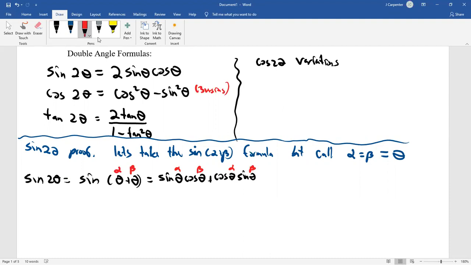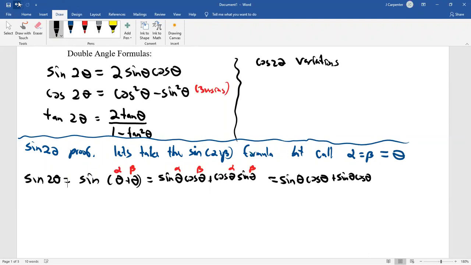Isn't that great? Why did we do this? Well, sine, cosine, cosine, sine with all the same angles in them. This term is exactly the same thing as this term, except I wrote sine and cosine backwards. So just to make this look a little better, sine theta cosine theta, then plus sine theta cosine theta.